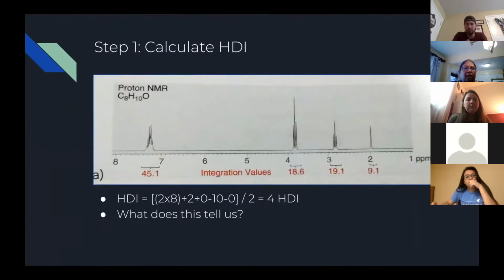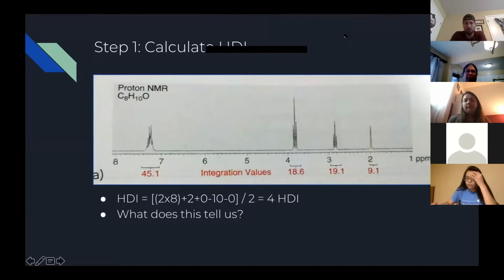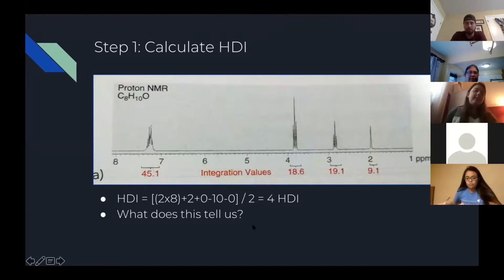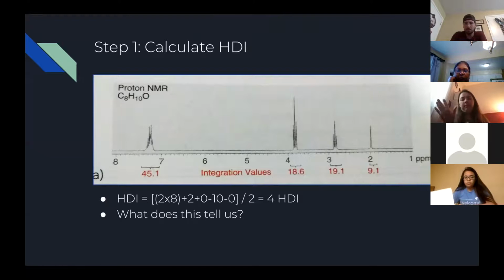So the examples are coming, and even for your post lab, I forgot to mention, I'll do that in the announcement. I'd like you to calculate the HDI before you analyze your NMR, okay? So you need to know how to calculate HDI. This one just uses the formula, and it's always right. So if you can't remember the other way, that's totally fine.